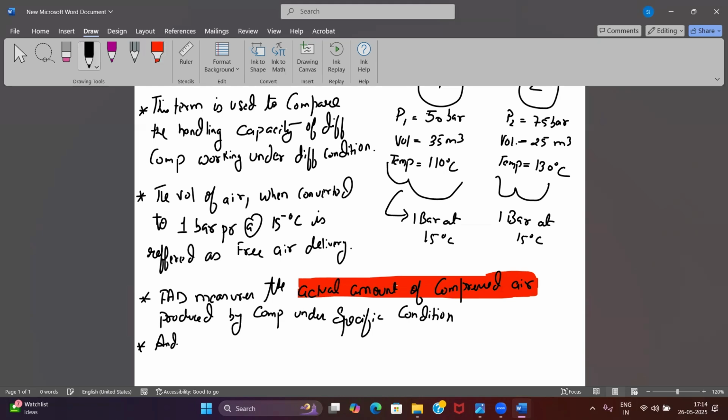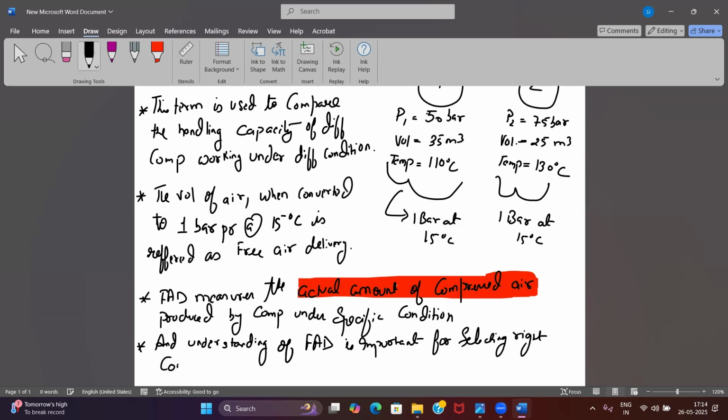And understanding of FAD is important for selecting the right compressor for the application.